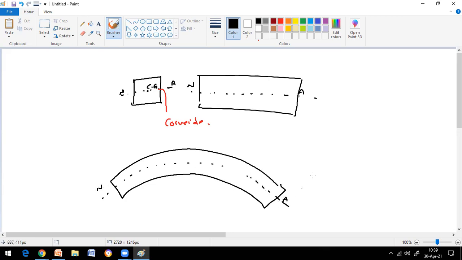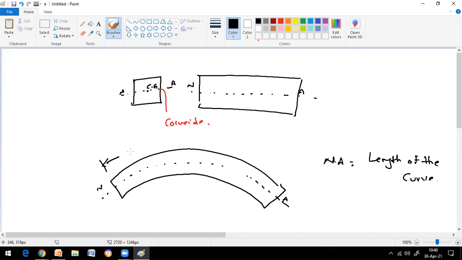Here the neutral axis length will be equal to the length of the curve. If I want to calculate the total length of this beam, I have to calculate it only with respect to the neutral axis. Why?